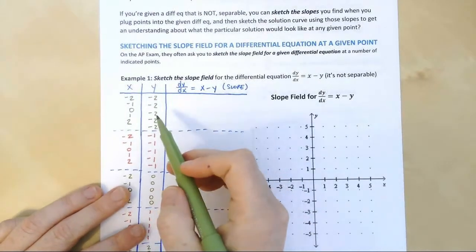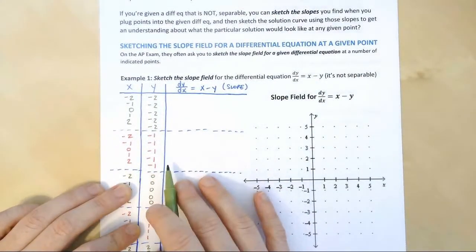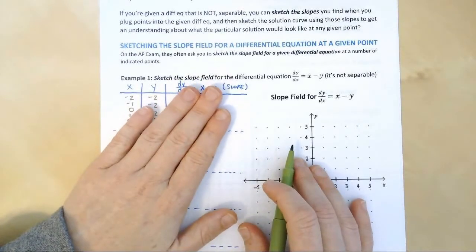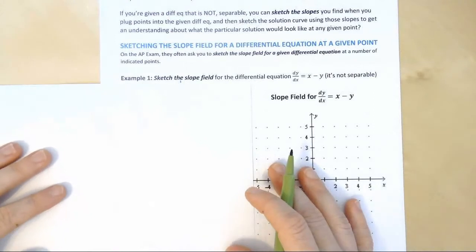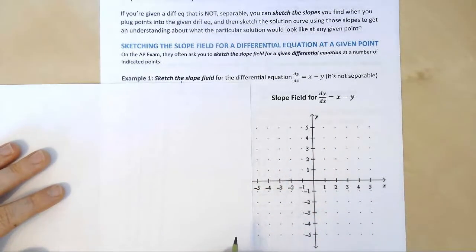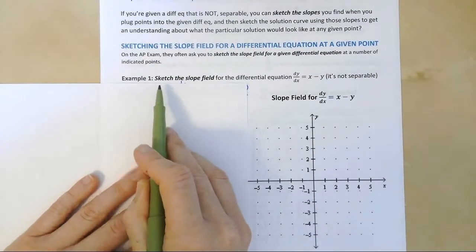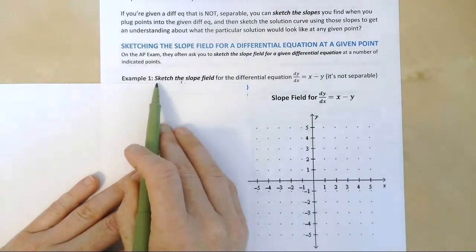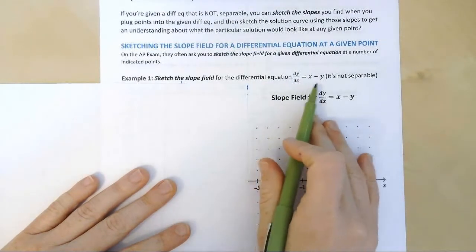Here's an example of what that looks like on the AP exam. Don't mind this stuff for now; I'll cover it up so you're not distracted. Let's read what you would be given before you do any work. The question might say, sketch the slope field for the differential equation dy/dx equals x minus y.